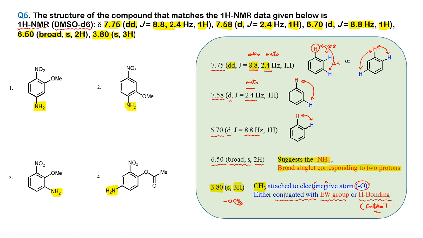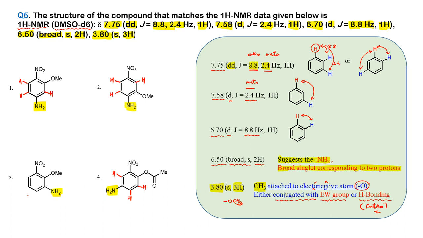So based on this, we'll try to relate this with the four probable structures, and one by one we'll try to identify which of these structures is not correct, so that we'll reach the most correct structure. If you look towards these structures, all the structures that we are getting have this part.